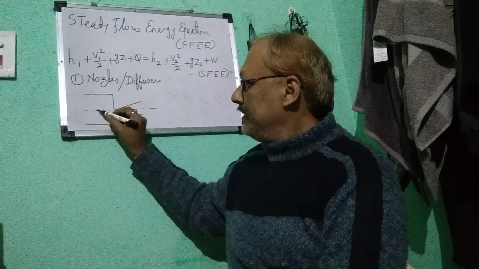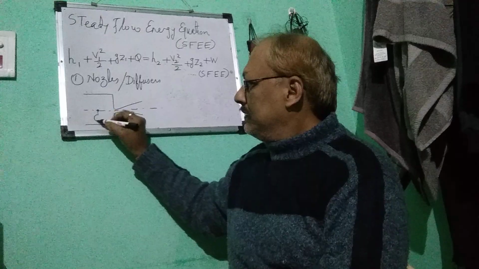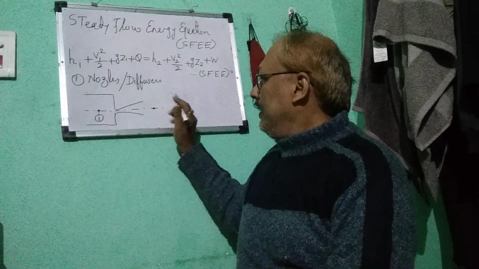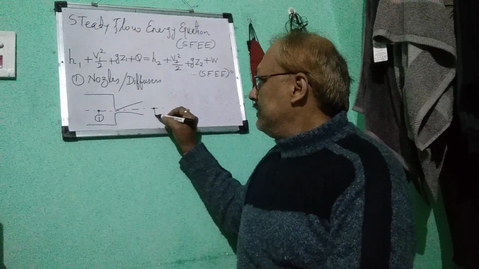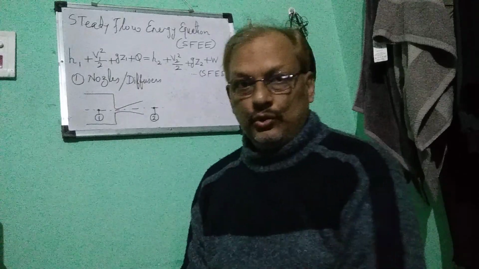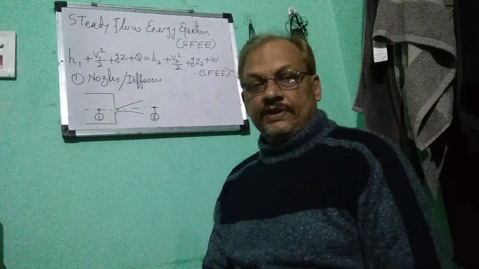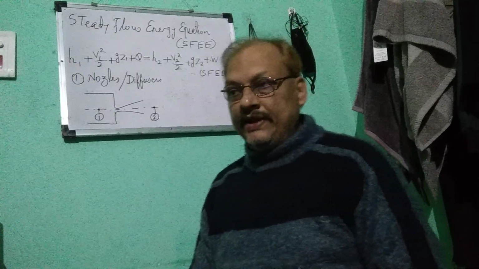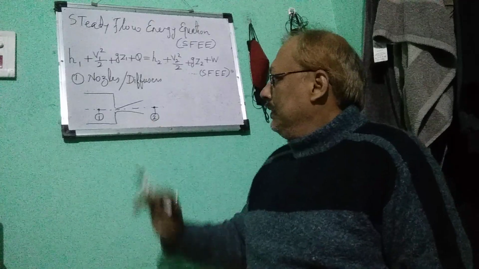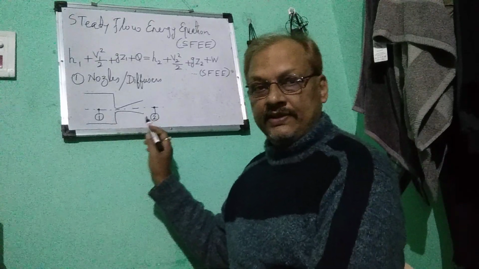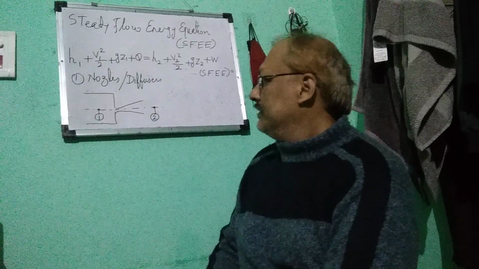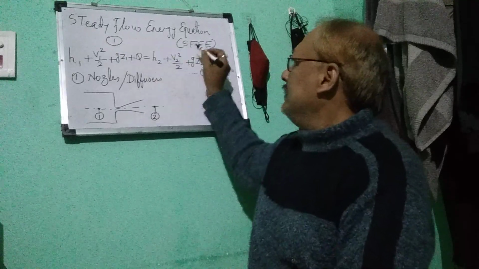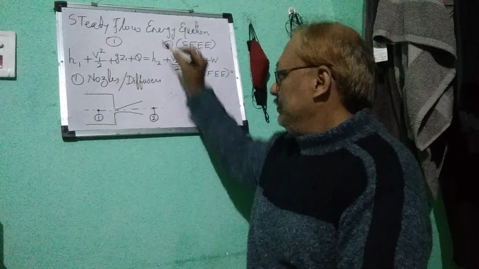In the steam chest the condition is 1, and after the nozzle the condition is 2. The steady flow energy equation is nothing but Bernoulli's equation with heat terms also added. So we will write the steady flow energy equation for this, where the left hand side is for 1 and the right hand side is for 2.